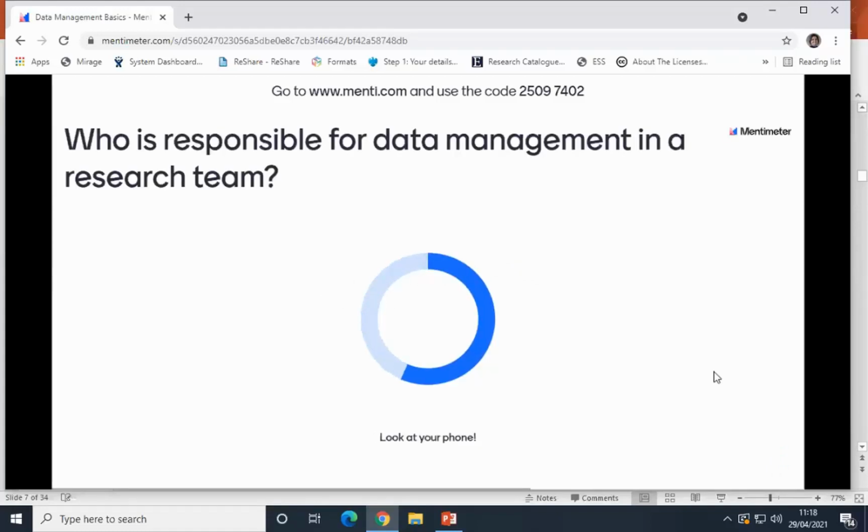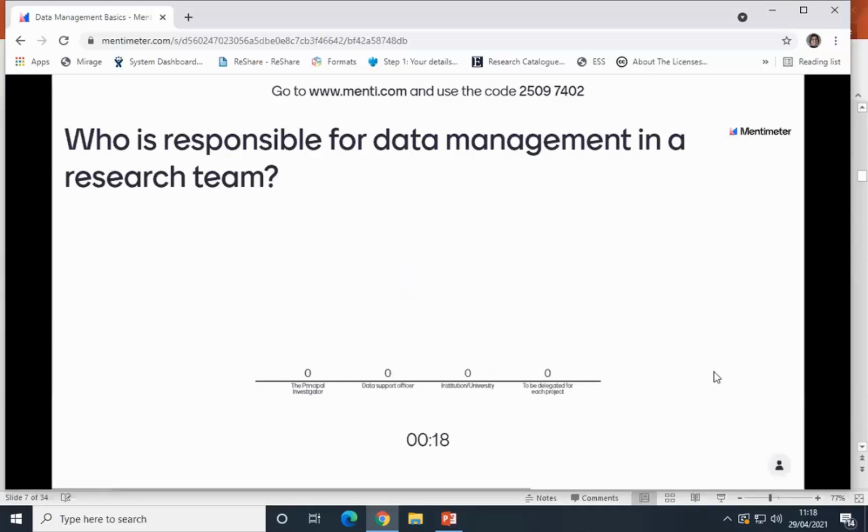Who is responsible for data management in a research team? Is it the principal investigator, the PI, the data support officer, the university or institution that the researchers are affiliated to, or is this to be delegated for each project? Yes, the correct answer here would be that it needs to be delegated for each project at the beginning, ideally.